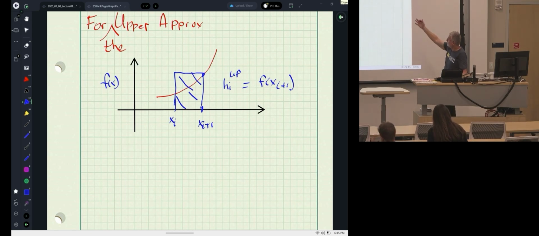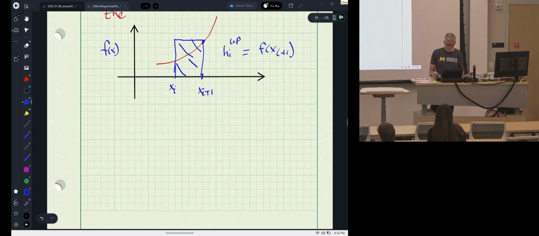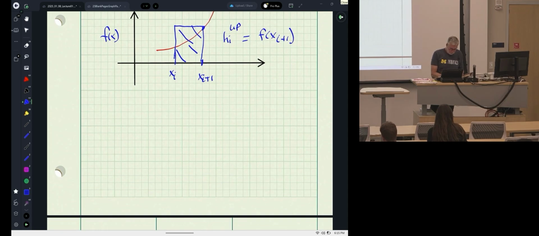So instead of where hi low was f of x sub i, that's the only thing that changed. Then we do the same thing, except we don't write it all out. Hi up times delta x, and delta x is b over n.